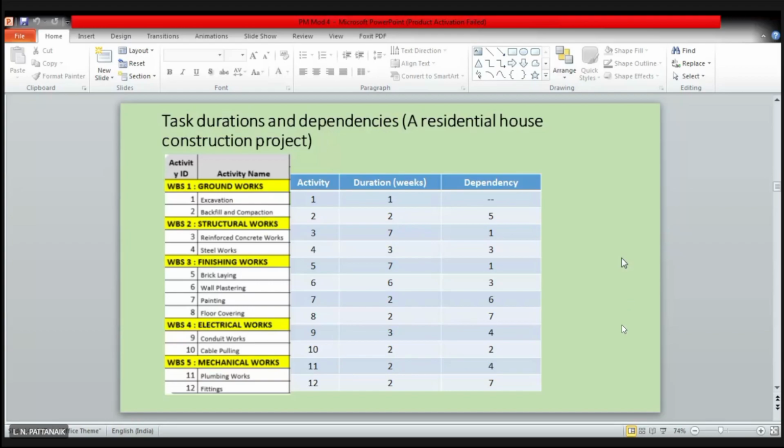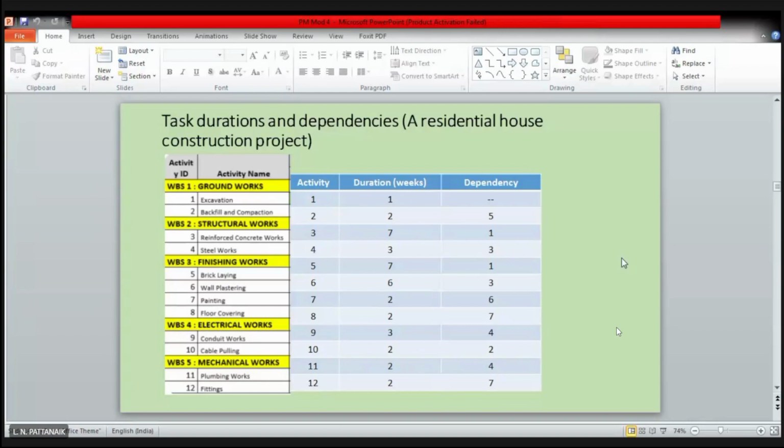We have some idea about the various activities that happen in the construction of a house, and the dependencies or precedence relationships that exist, compared to some highly technical projects like plants or industries or other complicated projects. We may not be able to understand easily what the activities and the precedence relationships are.